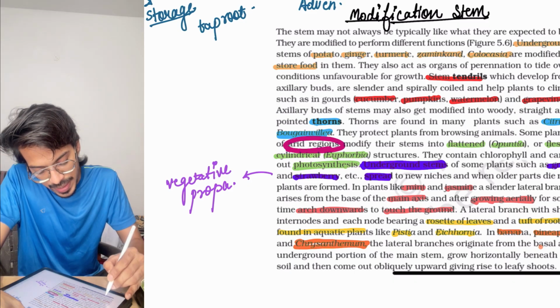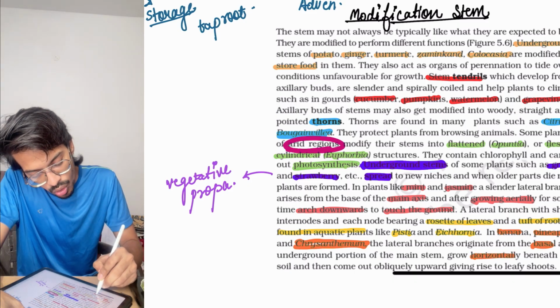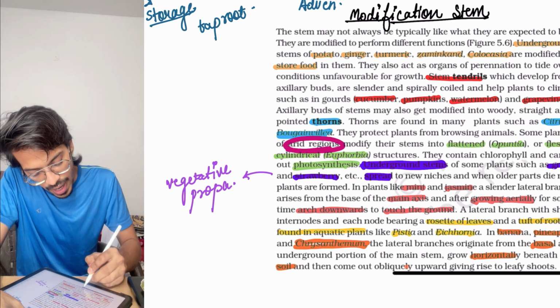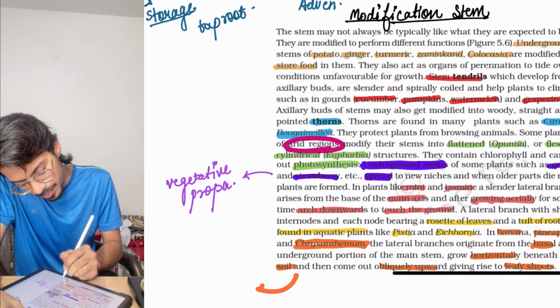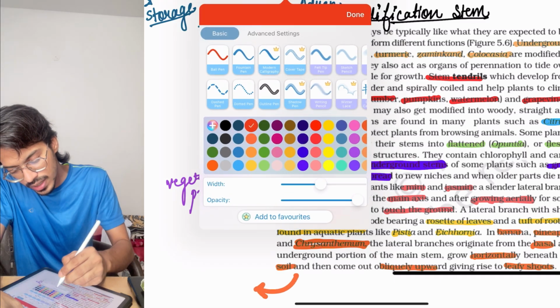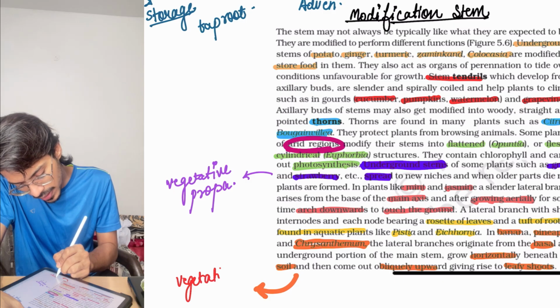Here, from the basal part a branch arises, grows horizontally into the soil, comes out and forms a leaf. This is also an example of vegetative propagation.